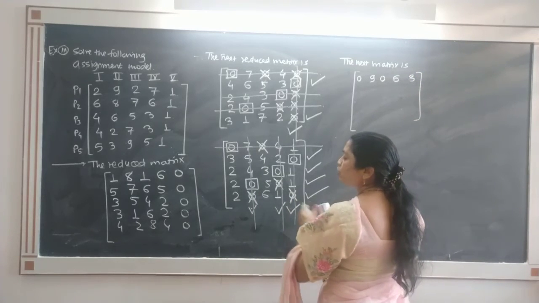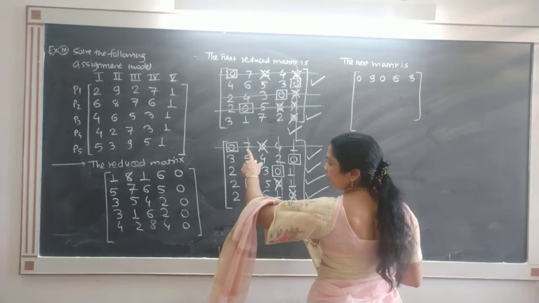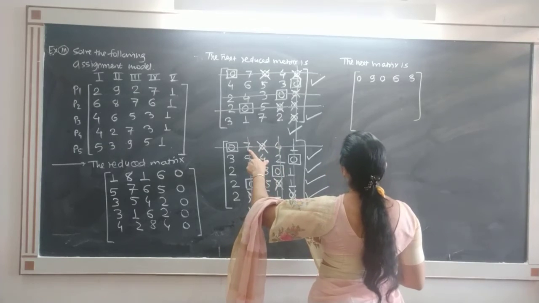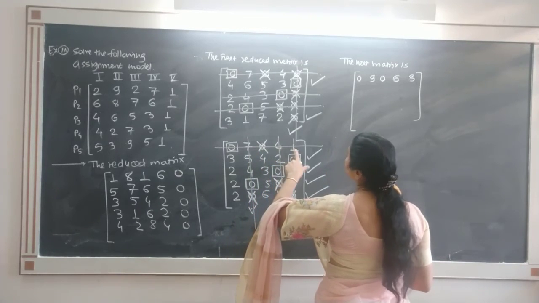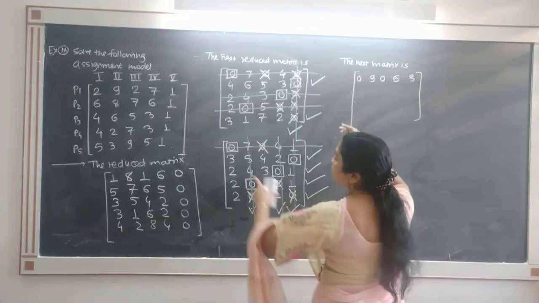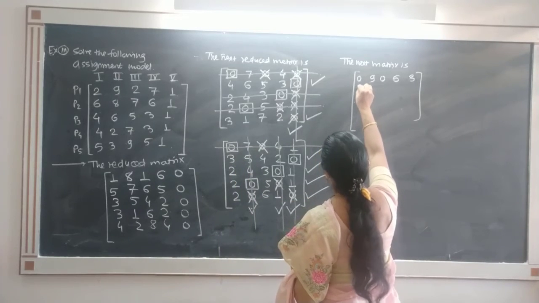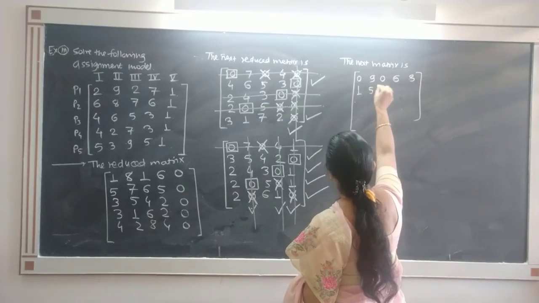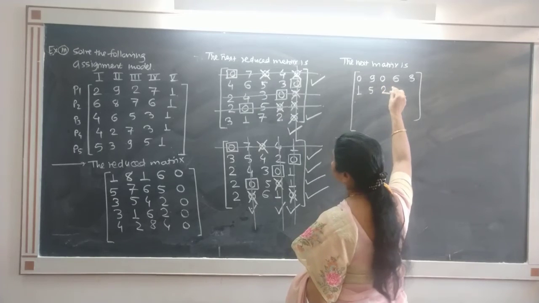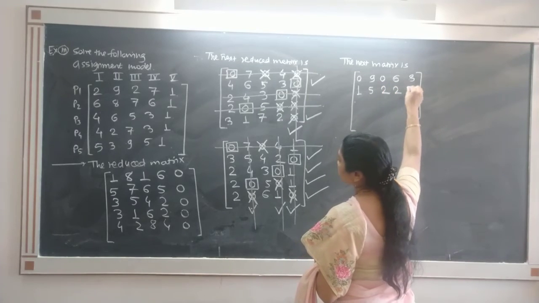We are adding 2 at the intersection points. So at the intersection points, this 9, 4 plus 2 is 6, and 1 plus 2 is 3. Here we are subtracting 2. So remains 1, 5, subtracting 2 remains 2, 2, 0.